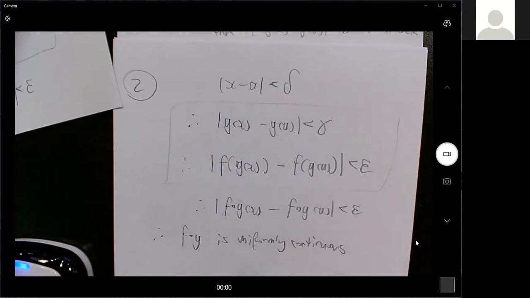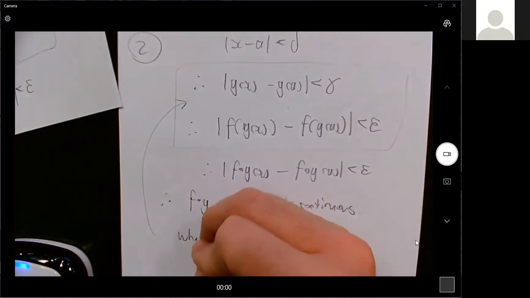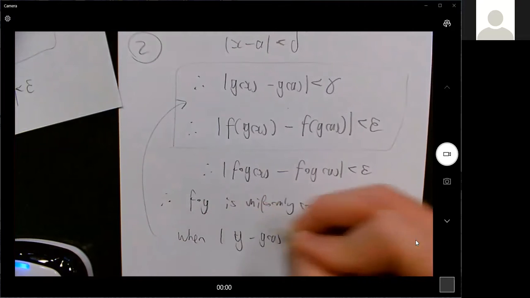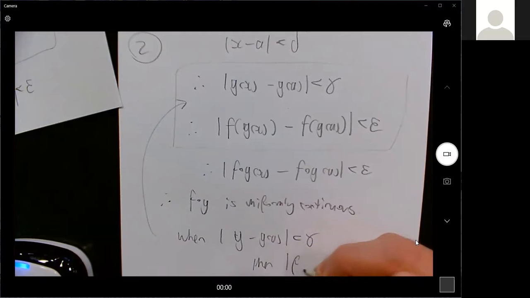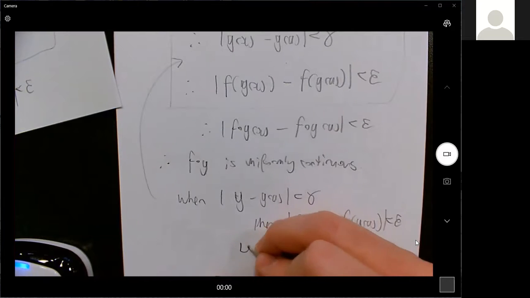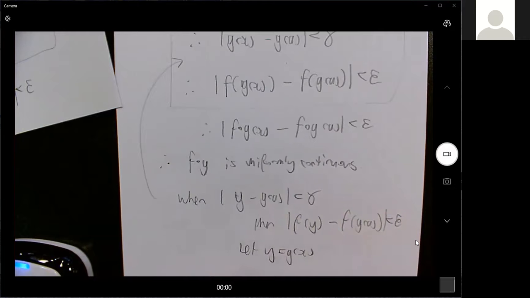So if I really wanted to be absolutely certain to myself, I can just put in here, I know that when y minus g of A is less than gamma, then the distance between f of y minus f of g of A is less than epsilon, and then let y be g of x, and then it works. Yep, okay, cool. That works.